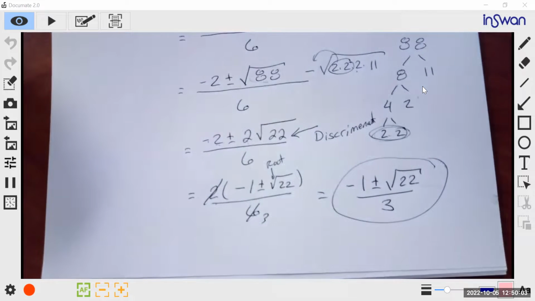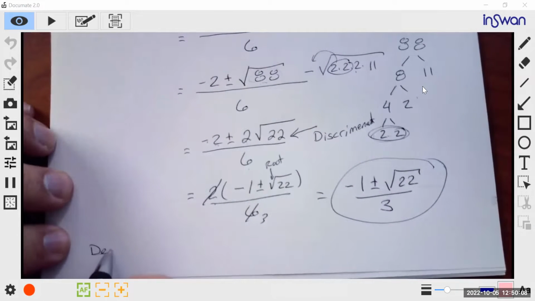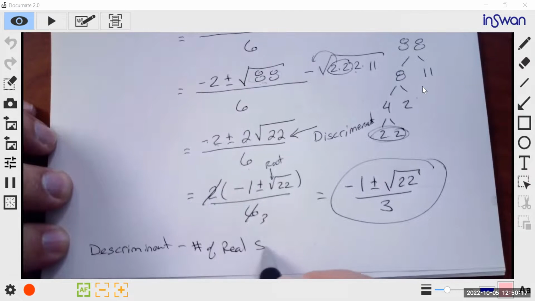Discriminant. What does the discriminant tell us? It tells us the number of real solutions.